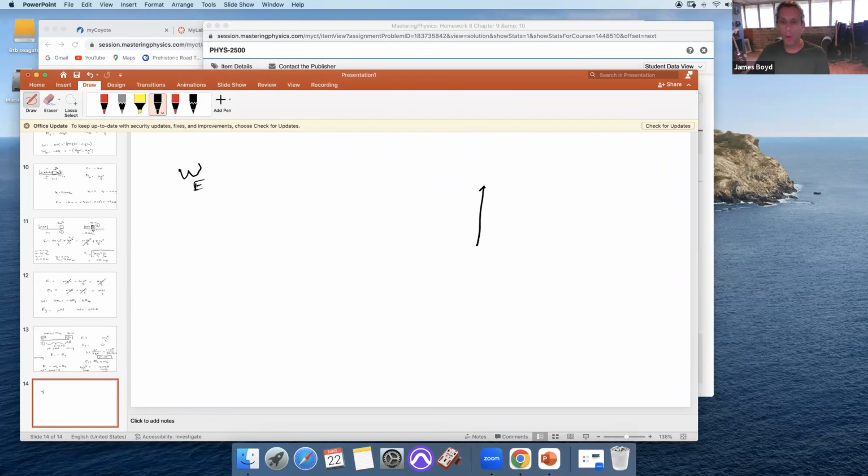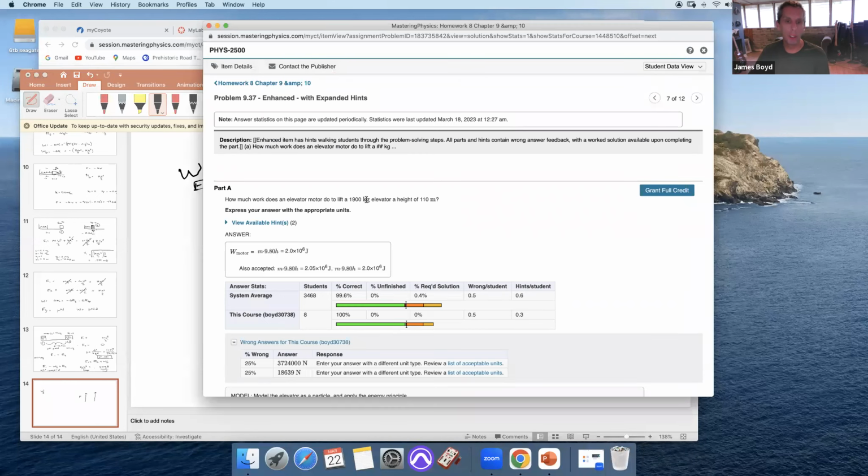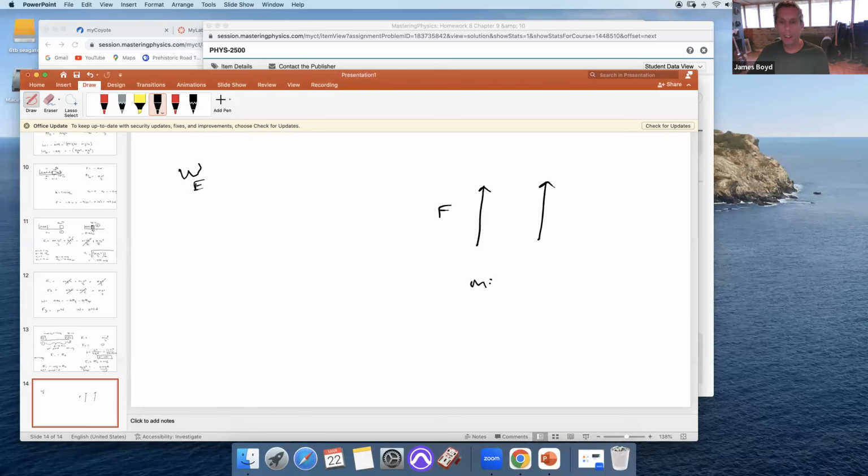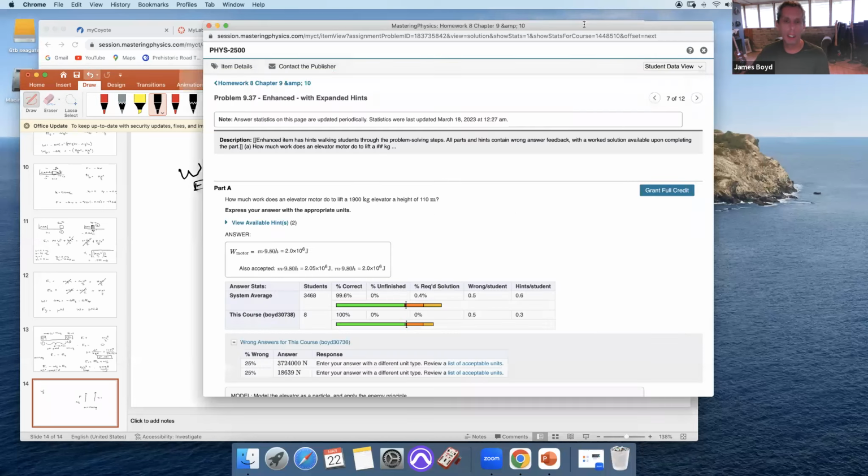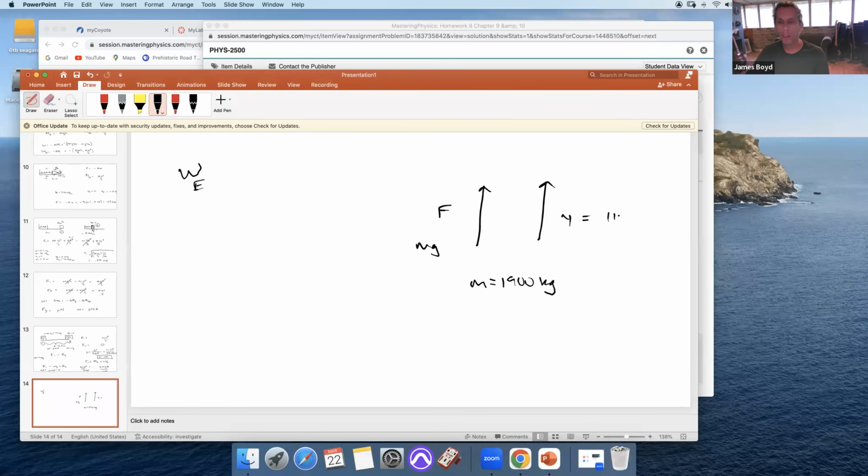It has to pull up with some force, a weight of mg, where m is 1,900 kilograms, a distance y, where y is 110 meters.